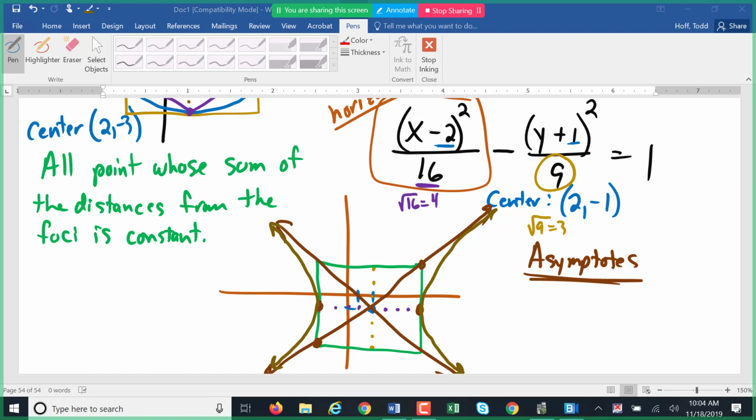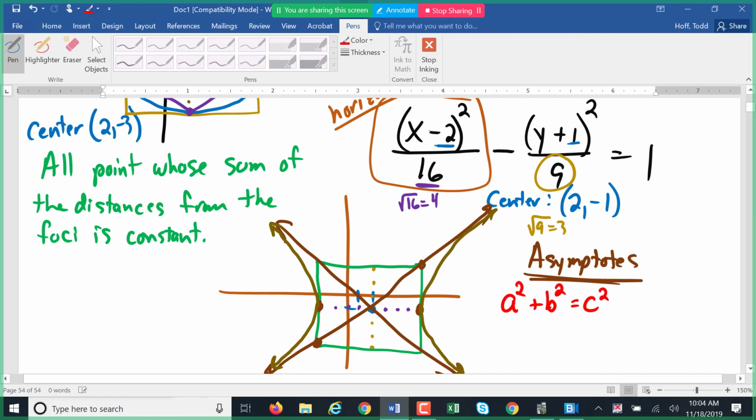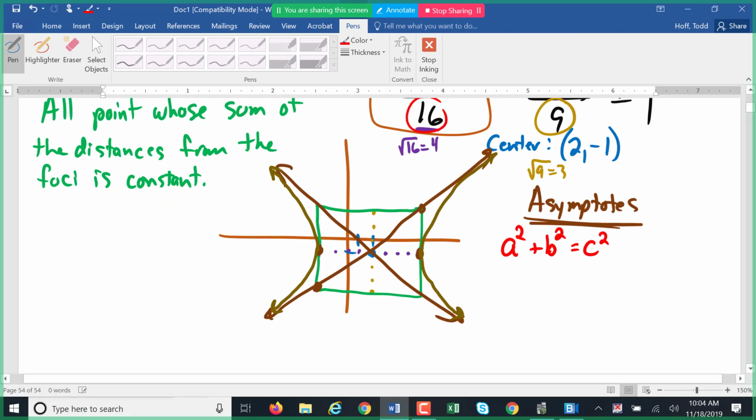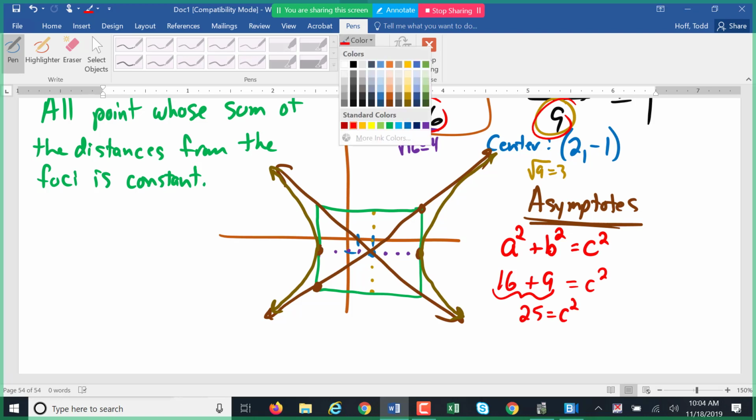For a hyperbola, the focus is not a squared minus b squared, but it's a squared plus b squared equals c squared. So a squared here was 16. B squared was 9. 16 plus 9 is 25 equals c squared.